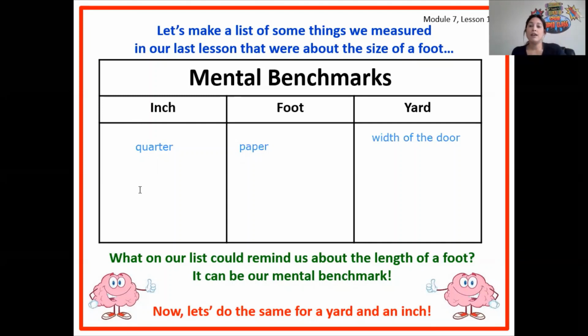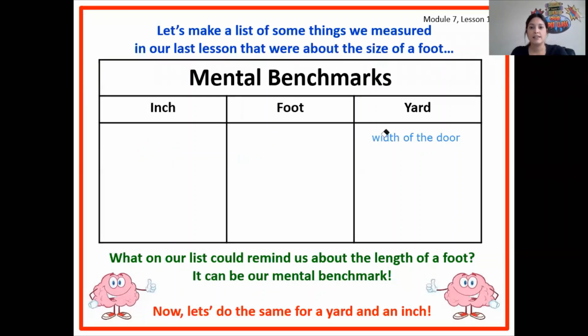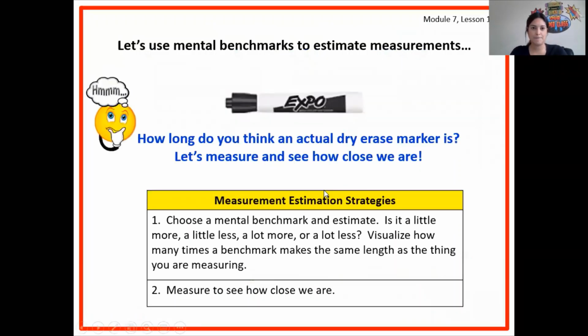If you don't have inches, then you can find a quarter somewhere around there and use that to measure. If you don't have a ruler to measure feet, you can get a piece of paper, and that's what we're going to use. And the same thing for the width of the door. All right, now that we have that, let's continue with the lesson.